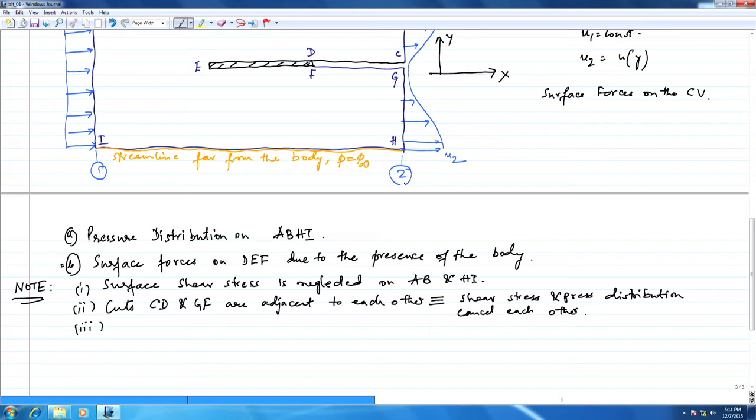Okay. So, if I were to write that, the surface force on DEF is the total reaction.